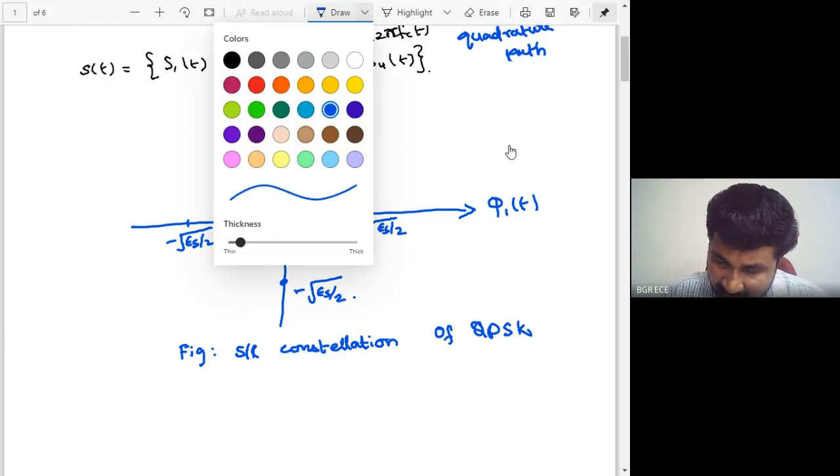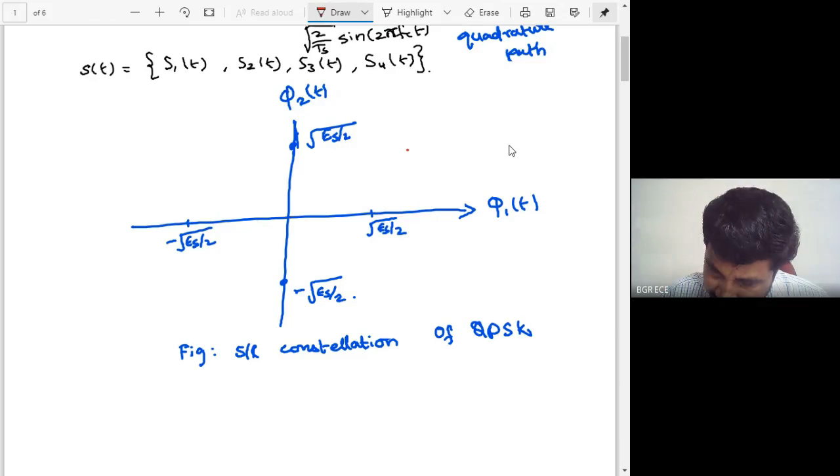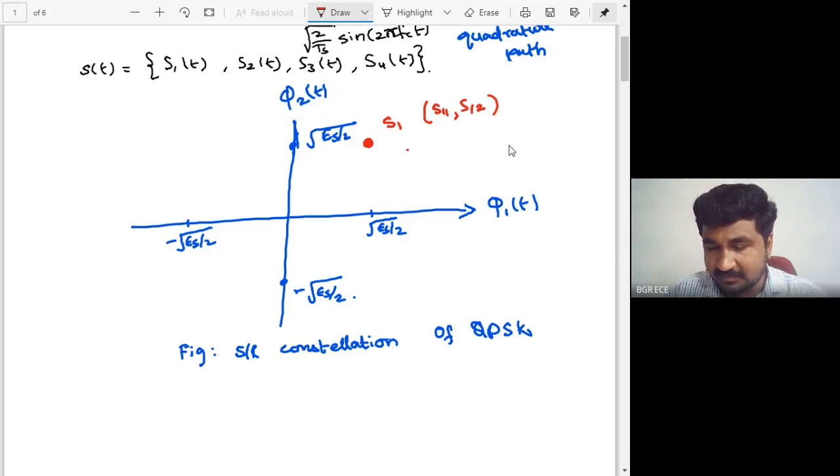Hence, we have the message point S1, that is S11, S12, corresponding to the binary data 11.